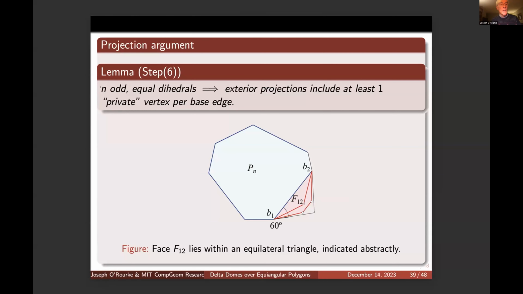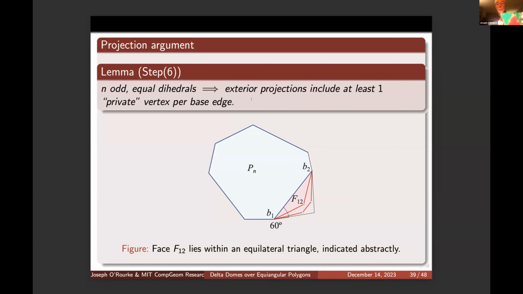And the last step here is that if n is odd, you have equal dihedrals, and then the exterior projections include at least one private vertex per edge. What this means is, this is for n odd. And we're now looking at these red triangles, which have normal vectors pointing down.